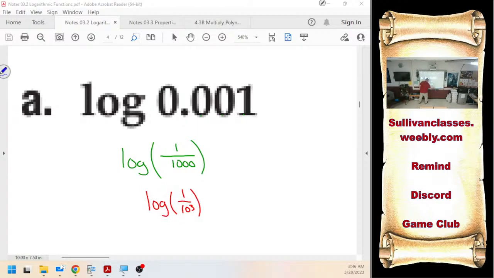And if it's on the denominator, we know our properties of exponents. This is log of 10 to the negative third. The base is the same as the base of the exponent and the log, so they just cancel. It's just negative 3. But you need to know the definition or you will not be able to do the equations for these.